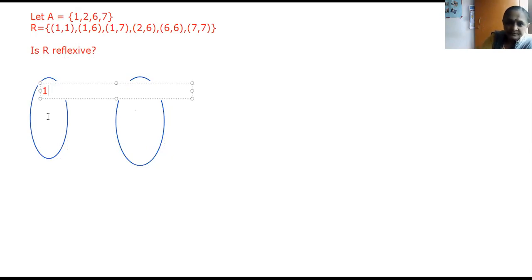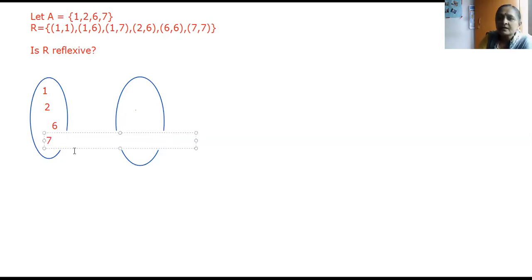What are the elements with you? 1, then it goes to 2, then it goes to 6, and the last one they have given is 7. Here also the same thing: 1, 2, 6 and 7.